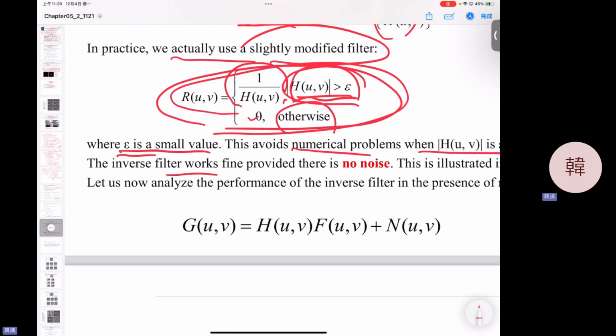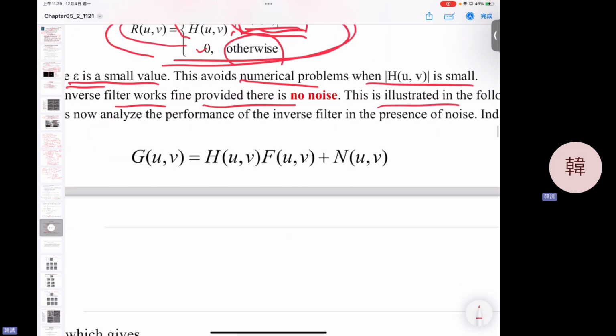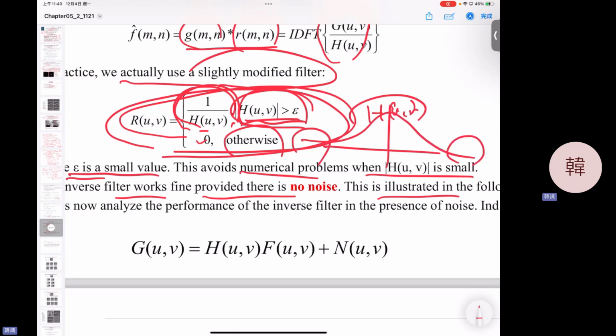The inverse filter works fine provided there's no noise. But you don't know if there's any additive noise in the process, in your low or high frequency components. H(u,v) in the frequency domain always has this distribution, where the high frequency part is a very small value.